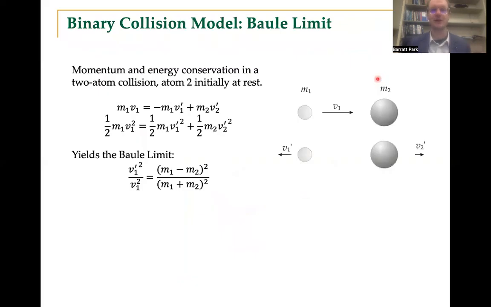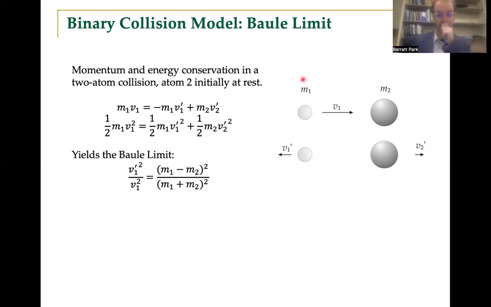Because if you consider simple classical mechanics, then if you consider a hard sphere collision between a particle of mass 1 and a particle of mass 2, let's say initially the particle of mass 1 has velocity v1, the particle of mass 2 is initially at rest, and then they undergo a hard sphere collision. After the collision, particle 1 has speed v1 prime, particle 2 has speed v2 prime.